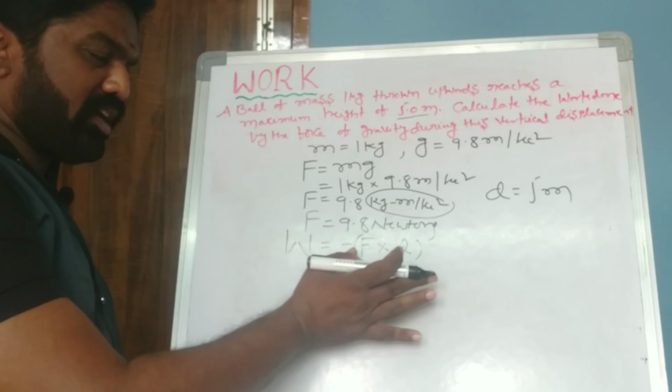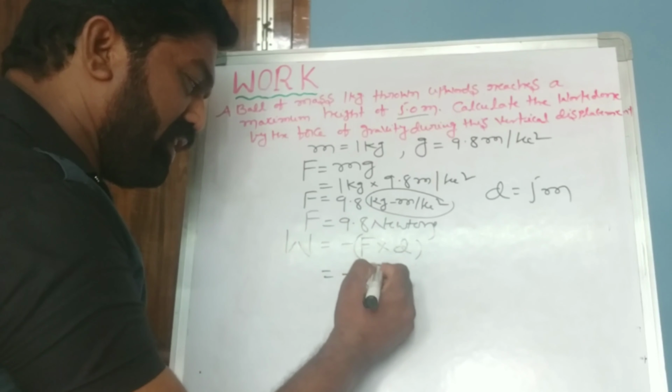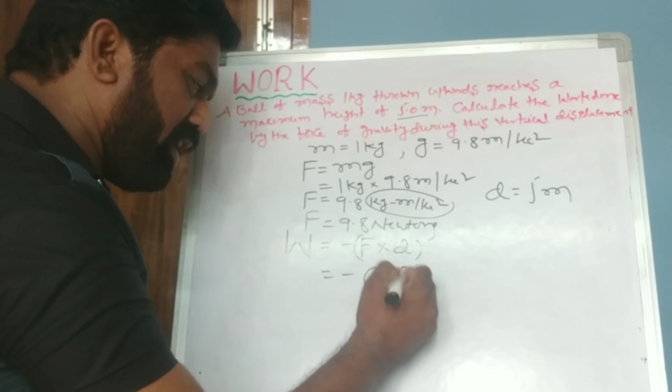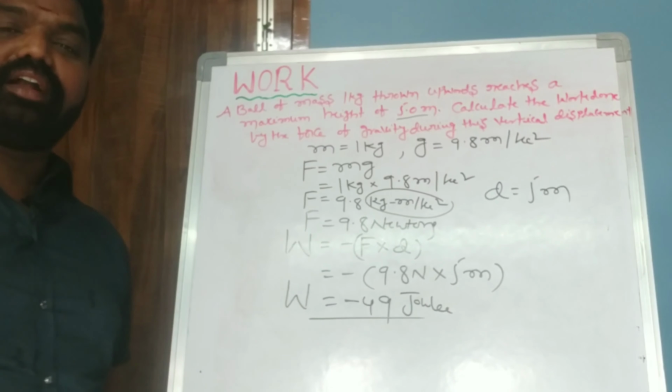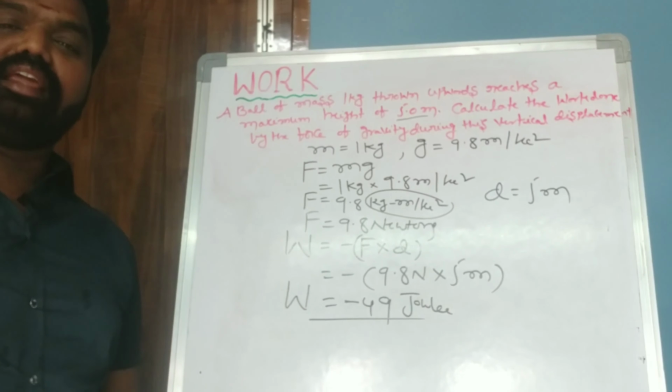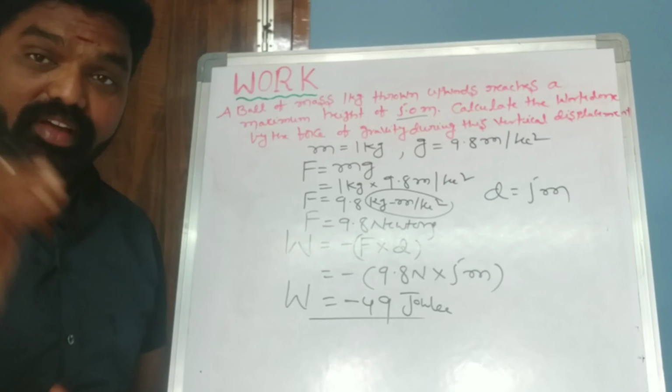Now the formula W equals minus F into D, that is minus 9.8 newtons into 5 meters. Right? So 9.8 into 5, that is minus 49. You know Newton meter is nothing but joule. So the work done is minus 49 joules. It means we can say that the work of 49 joules has been done against the force of gravity.